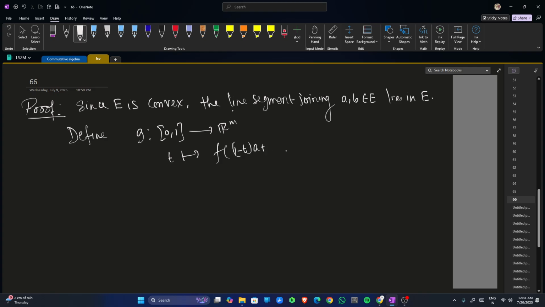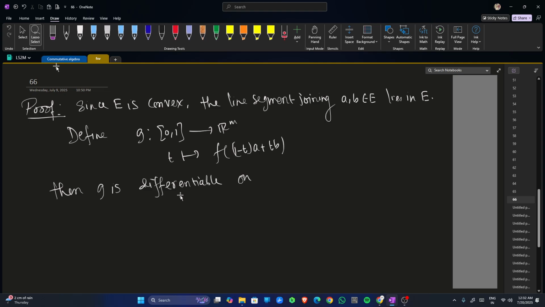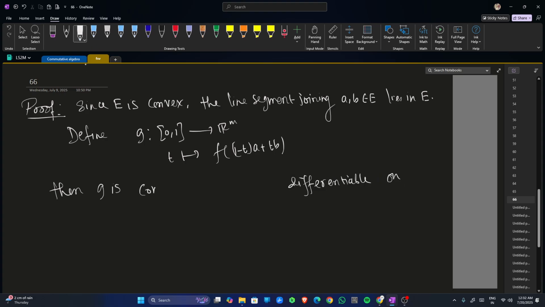Then g is continuous on [0,1] and differentiable on (0,1).